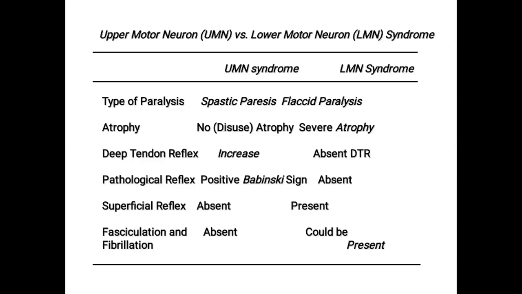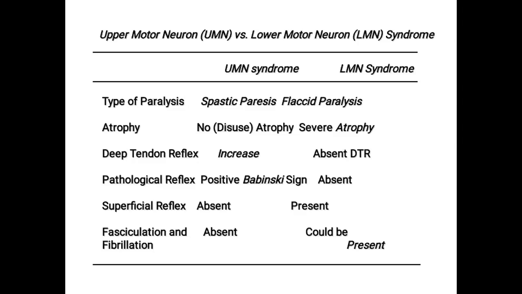Number two, there will be denervation hypersensitivity. Because of these two causes, there will be spastic paralysis in upper motor neuron lesion. Whereas in lower motor neuron lesion, there will be flaccid paralysis. This is due to complete loss of muscle tone.